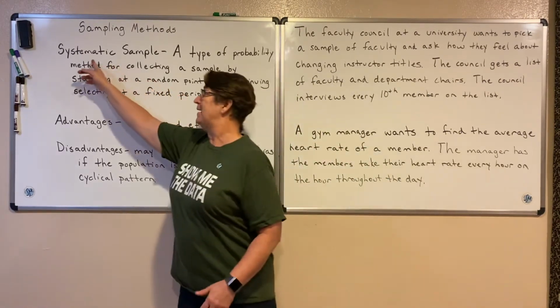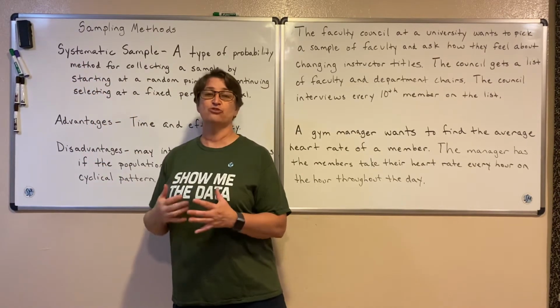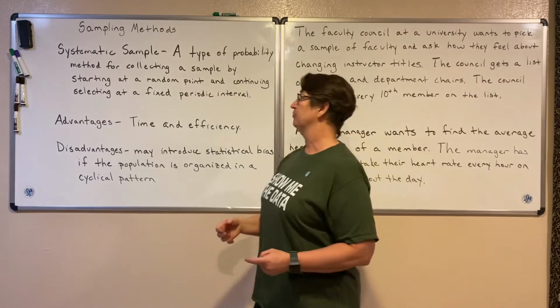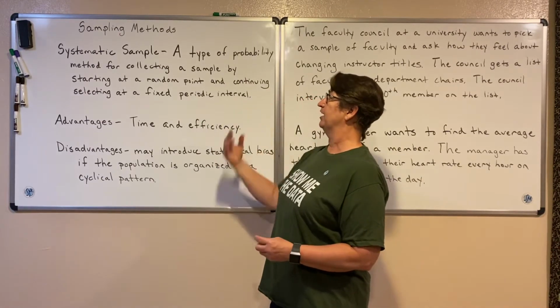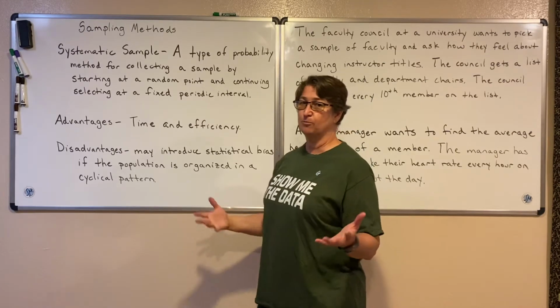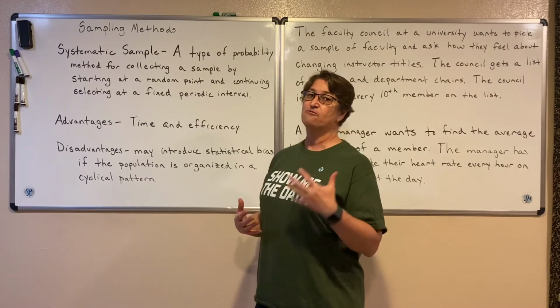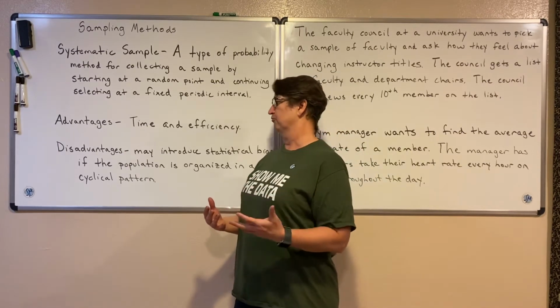Some sort of pattern or some sort of periodic interval to help us to choose our data. So that's what all this says, is that it's a method for collecting a sample by starting at some random point and then continuing selecting a fixed periodic interval.